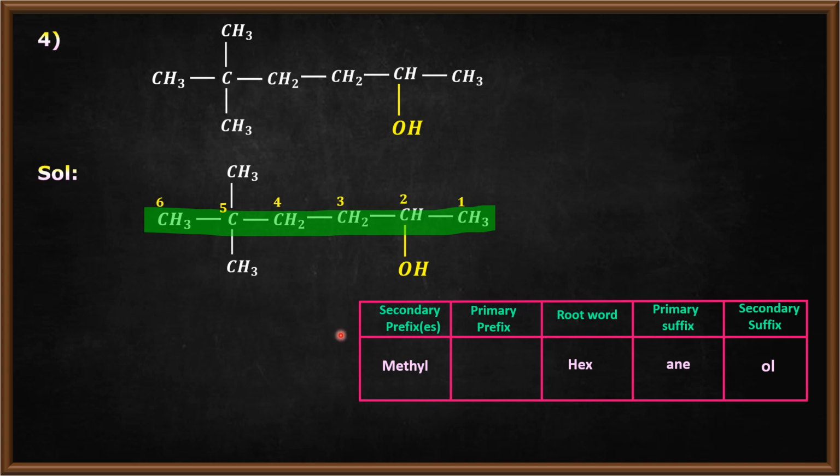And the IUPAC name of this organic compound is 5,5-dimethylhexan-2-ol. Here the e has been removed from ane, the primary suffix, because it is followed by a suffix beginning with o.